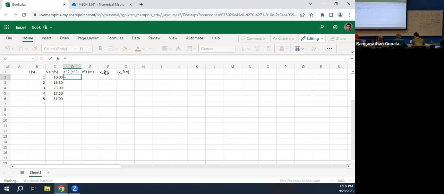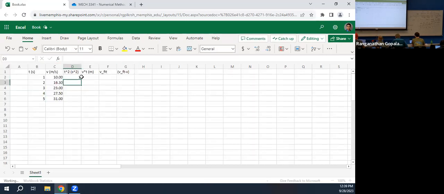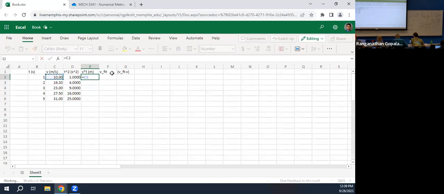T squared, pretty simple. Go here, square this, and then drag it. And then V times T.